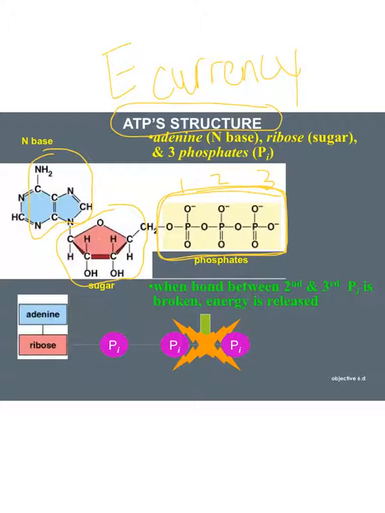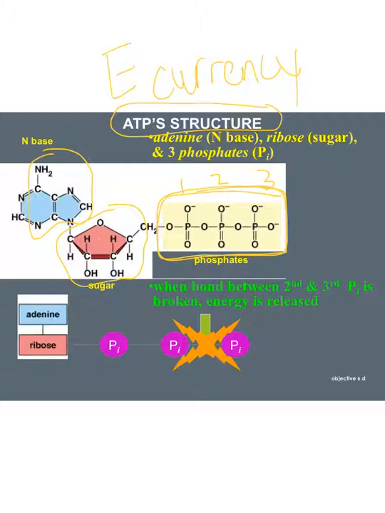When we talk about your cell's ability to acquire energy, we are talking about your cell's ability to make ATP. And we're going to talk a lot more about ATP when we go through cellular respiration in chapter 10. But this is the way that your cells use their energy. Just like you use money to buy the things that you want, your cell's money, so to speak, is ATP.